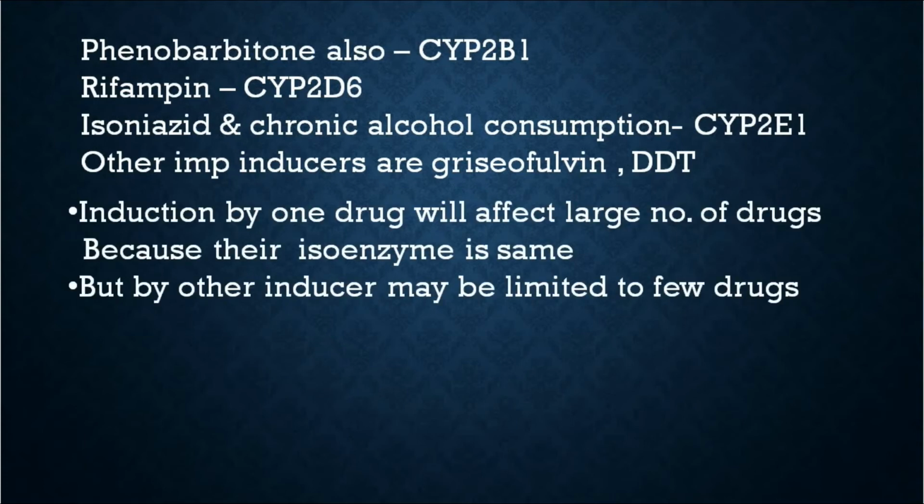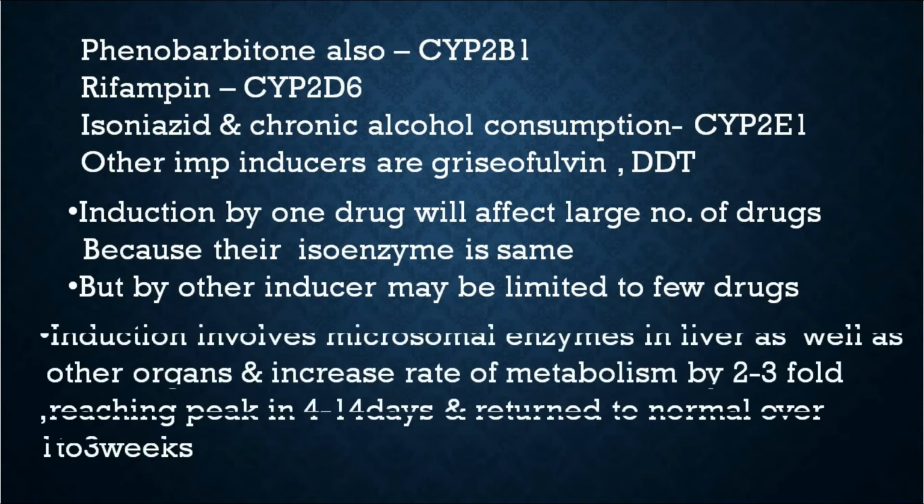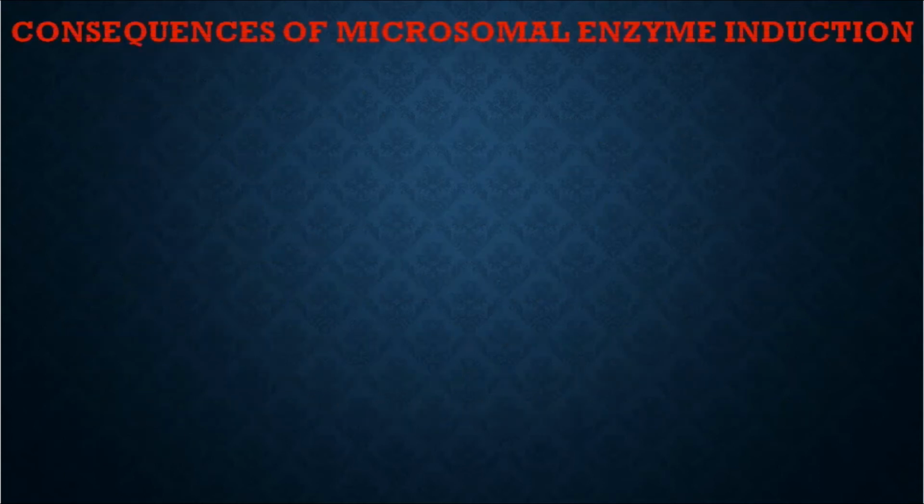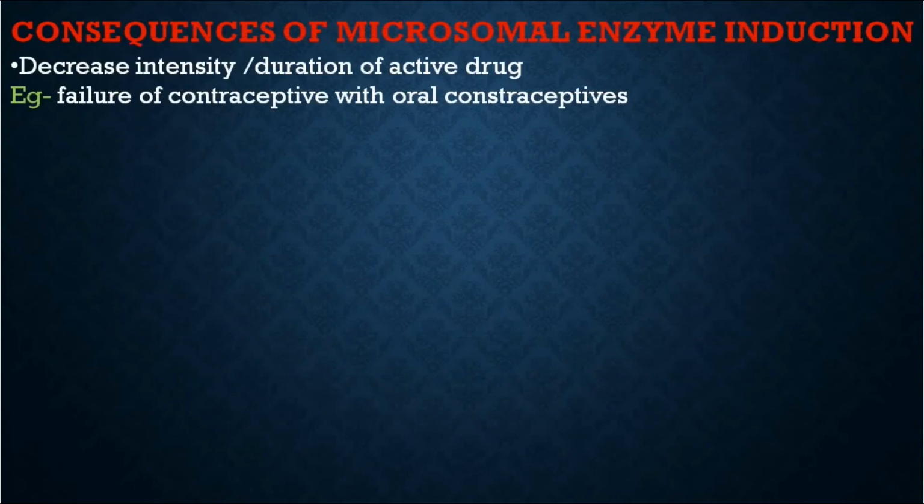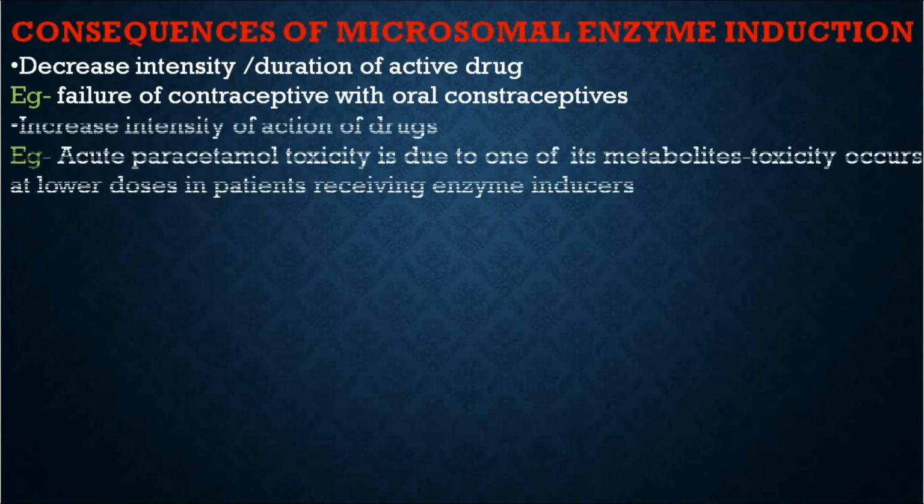Induction involves microsomal enzymes in the liver as well as other organs and increases the rate of metabolism by 2 to 3 folds, reaching a peak in 4 to 14 days and returning back to normal over a period of 1 to 3 weeks. Consequences of microsomal enzyme induction: decrease in intensity or duration of action of the drug; increase in intensity of action of the drug.